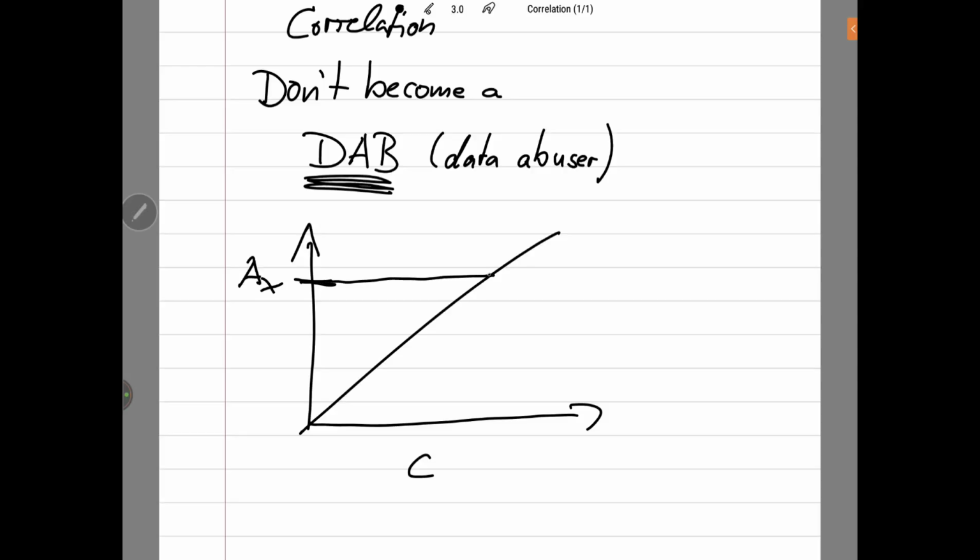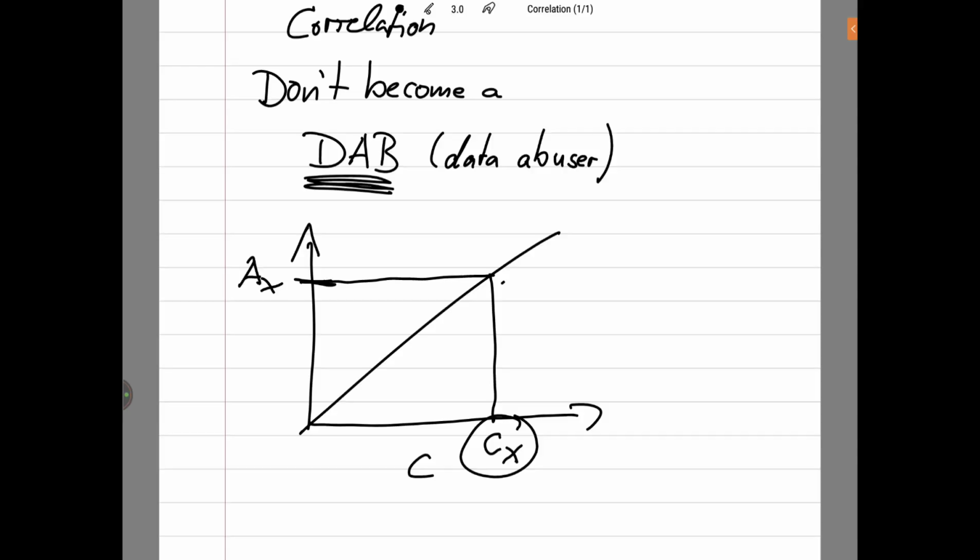All you need to do is go over and go down, Cx. You actually don't need to worry about the epsilon, because you can read off your unknown concentration straight away from this standard curve. So very often you get away with not having to deal with these epsilons.